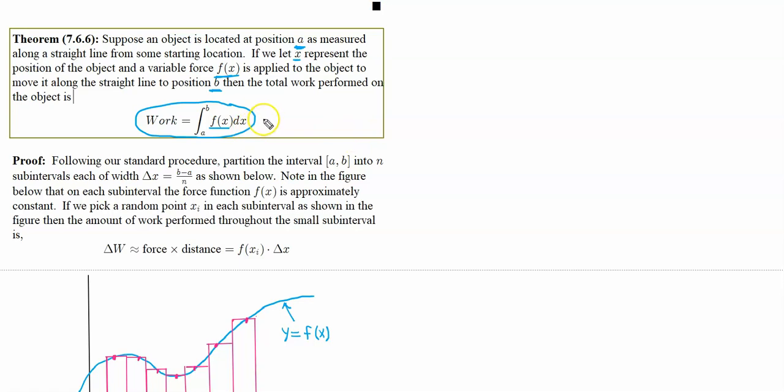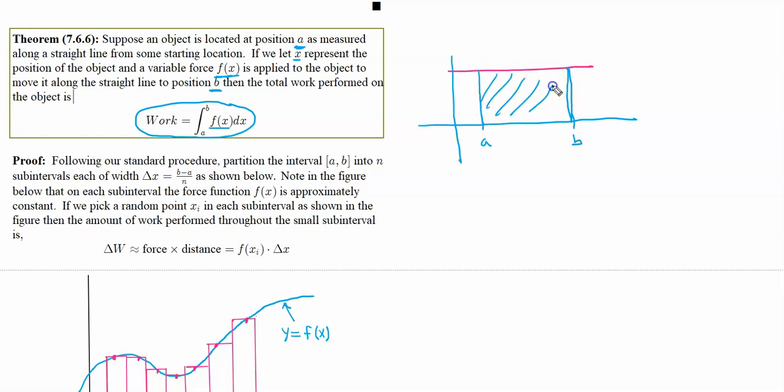Now this shouldn't be shocking because, as we saw previously, if we had a constant force and we moved an object from location a to location b, then the work was merely the area of this rectangle, which is also the area underneath the graph of our force curve.